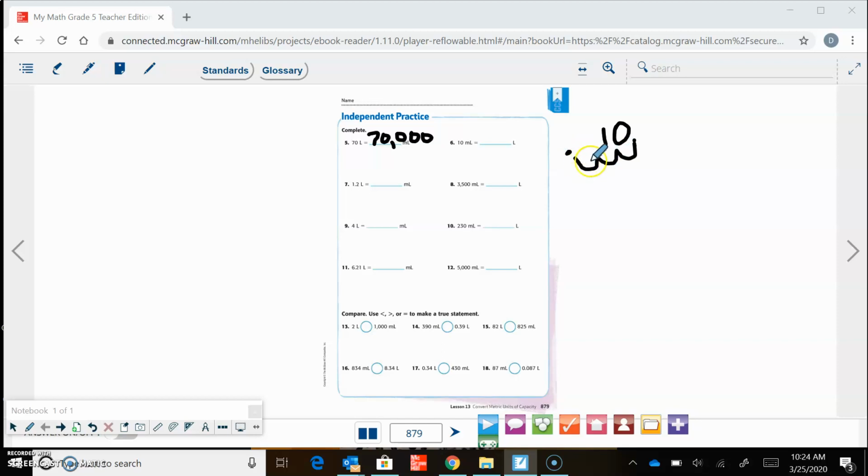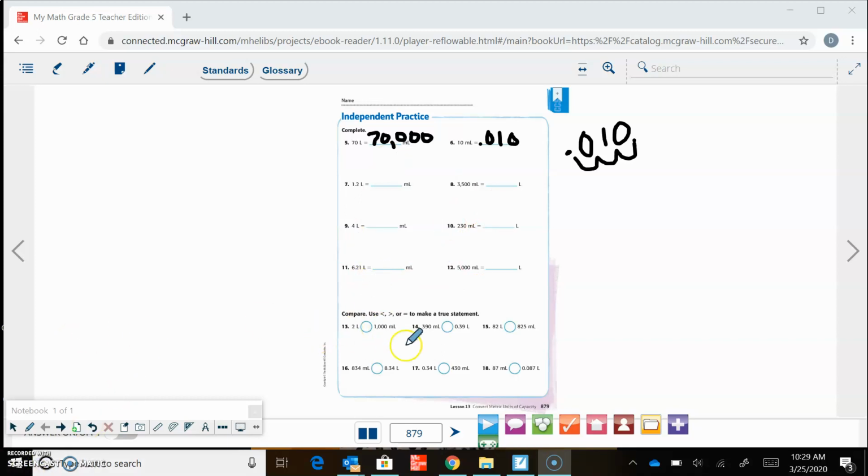Again, I have this space. I have to fill that space with a 0. So your answer is going to be 0.010. Okay? I think you guys can handle these.